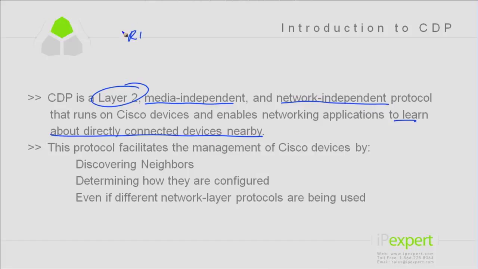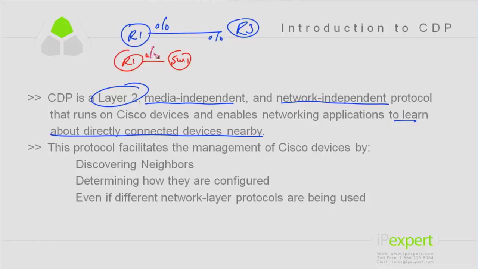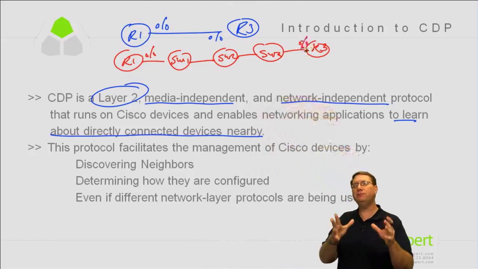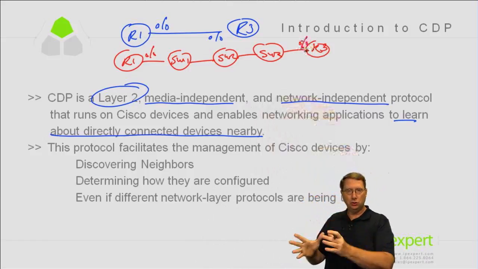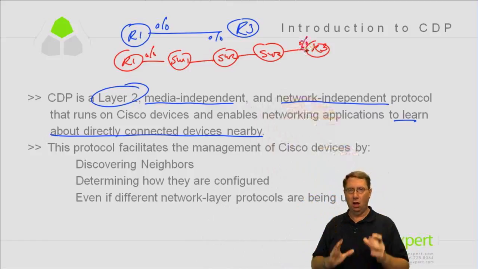So, like I said, if I have R1 and I have a logical drawing where I have a connection between R1 and R3 using interface 0/0, what I may actually have is R1 connected directly to SW1 via interface 0/0, and SW1 or CAT1 may be connected to SW2, SW3, and then connected to R3 via FastEthernet 0/0. What I'm illustrating here is the principal difference between a layer 2 physical drawing and a logical drawing.